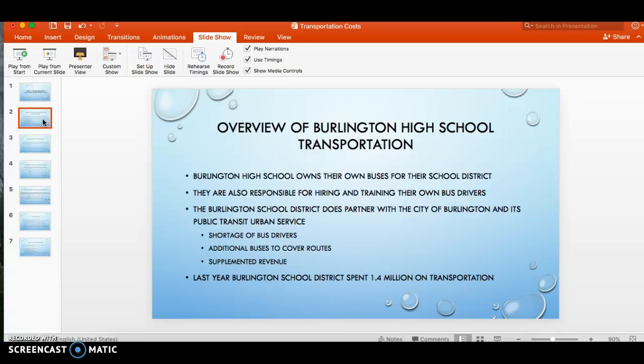It also supplements revenue for the city of Burlington as well, helping out the Burlington School District. Last year, Burlington spent 1.4 million on transportation.